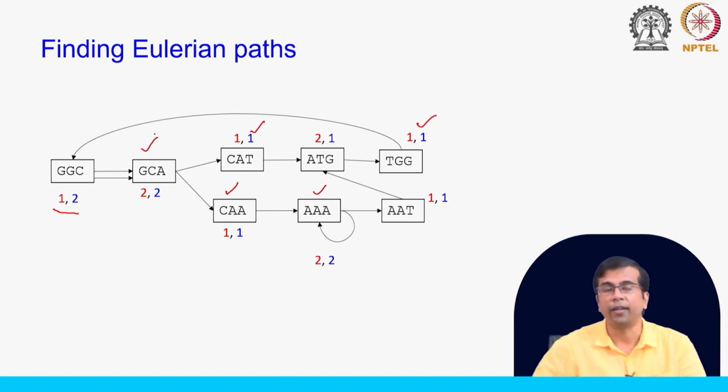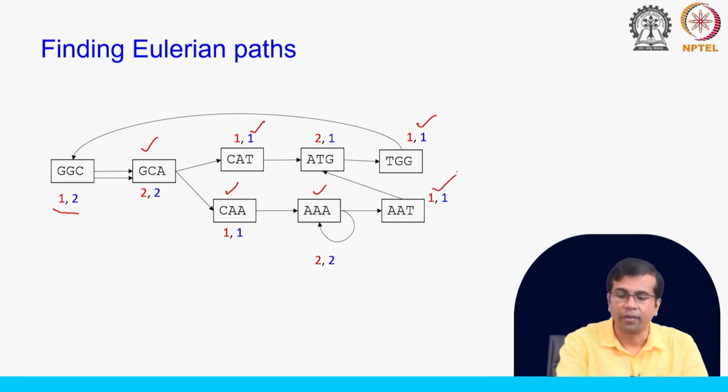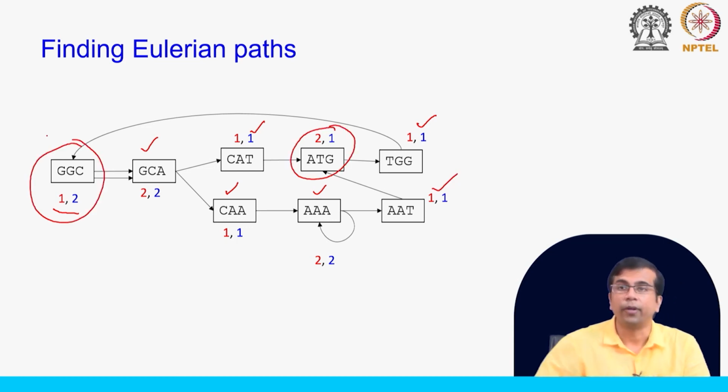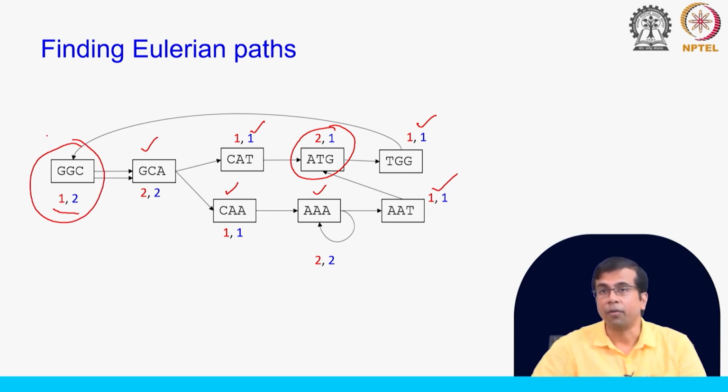The in degree and out degree are identical. But then you have two other nodes, this one here and this one here, where the in degree and out degree are not the same, but the absolute difference between in degree and out degree is equal to 1. This means these two nodes are semi balanced nodes.